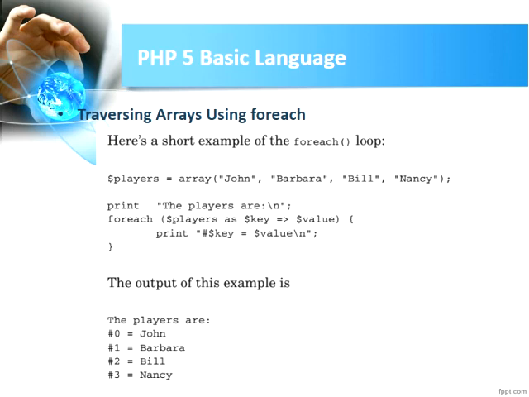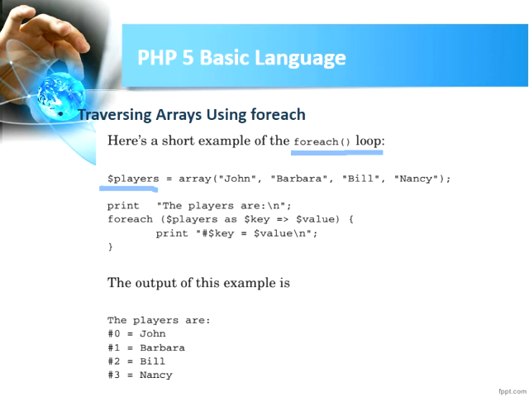How can we traverse an array in PHP code? We can use the foreach loop. The foreach loop is a loop that can be used to traverse an array in PHP. So this is an example. $players is an array with the values John, Barbara, Bill and Nancy.